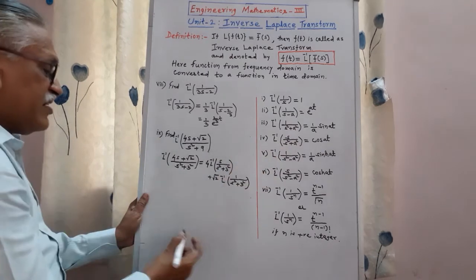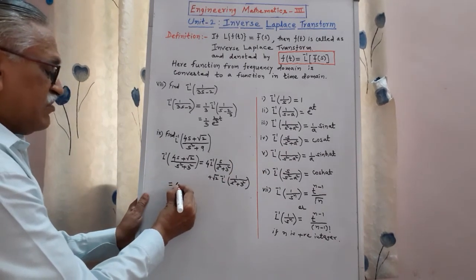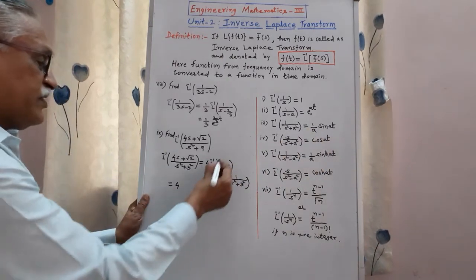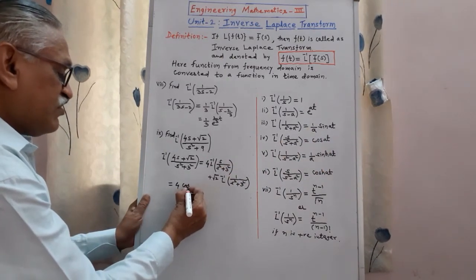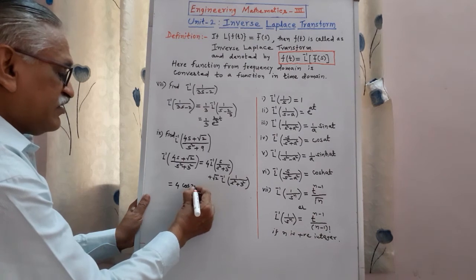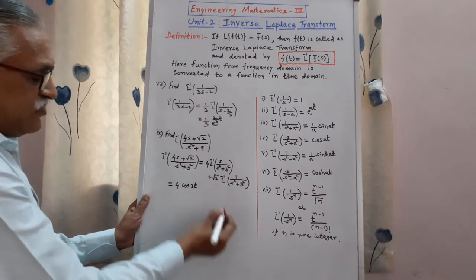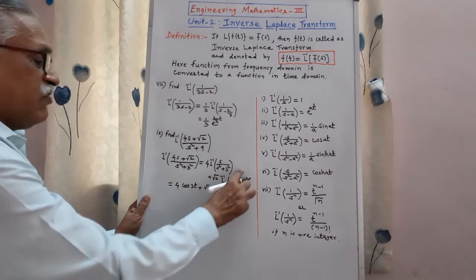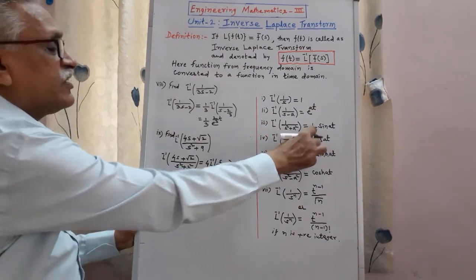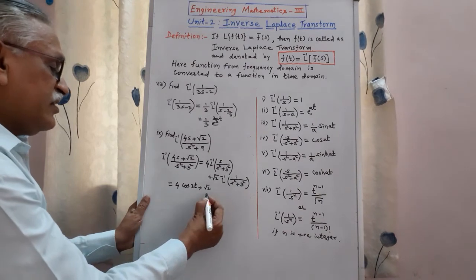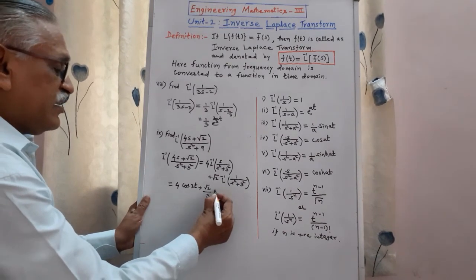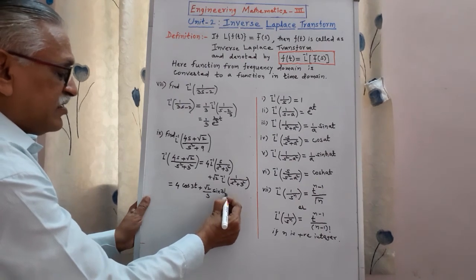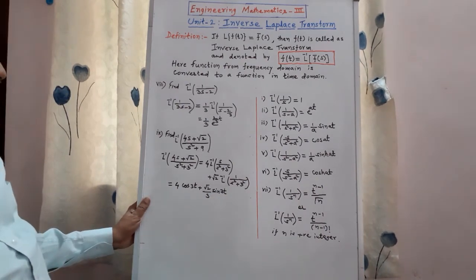Then applying the standard result, s upon s square plus a square, its inverse is cos of at. Therefore, a is here 3, so it is cos of 3t, plus root 2, 1 upon s square plus a square, its inverse is 1 by a, here 3, therefore divided by 3, and sine of at, a is here 3. Therefore, this is the required answer.